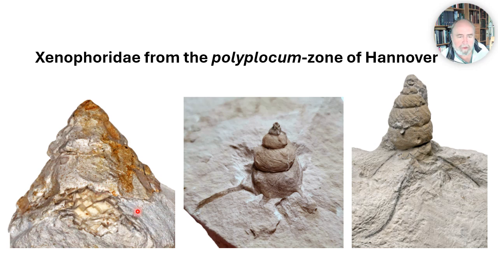This is a typical xenophorid. We also find 2 different forms that are much smaller than the first one and that have very long spines. Long spines and sometimes this kind of bumps.